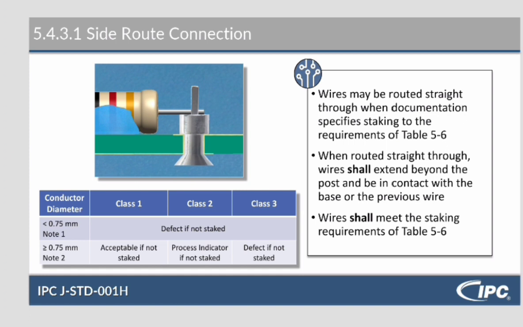5.4.3.1. Wires may be routed straight through when documentation specifies staking to the requirements of Table 5.6. I can just go through it real quick. This is where it says the 0.75 millimeters, and then says Note 1.